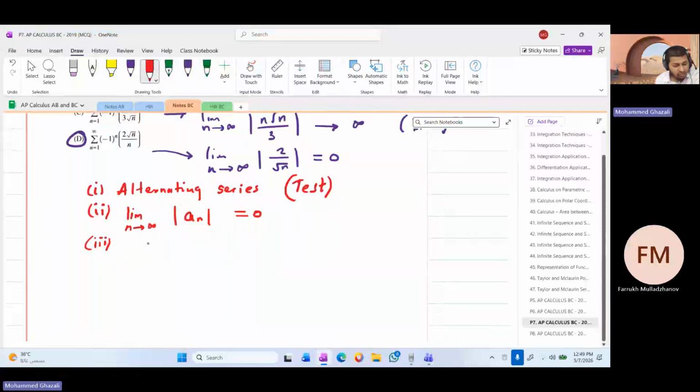And the third thing that you need to check is that the terms must be decreasing. How will you know whether the terms are increasing or decreasing? You can just expand the series and check. This part can be written as 2 over root n. Make sure the terms are getting smaller and smaller. What does that mean?